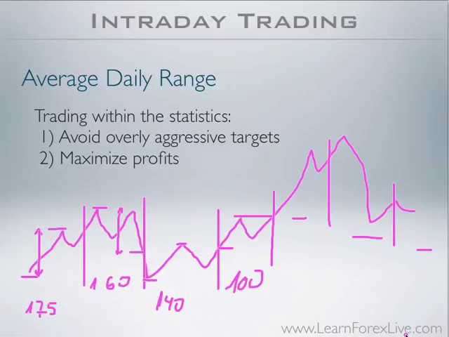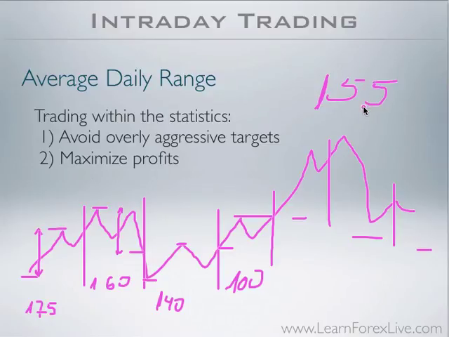You would do exactly the same thing, basically calculating the range of the individual daily trading sessions, that span, that distance between the high and the low for that day, and then you simply calculate the average. As simple as that. Let's assume the average is 155 pips.